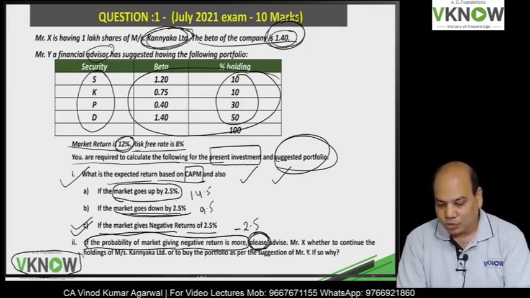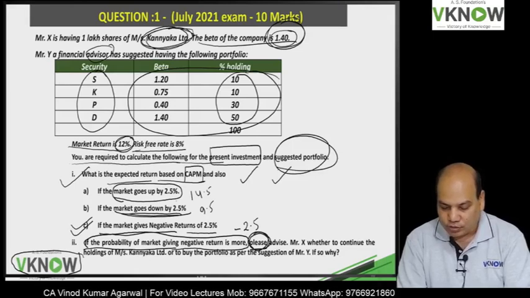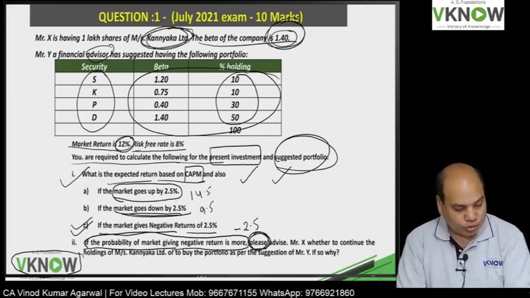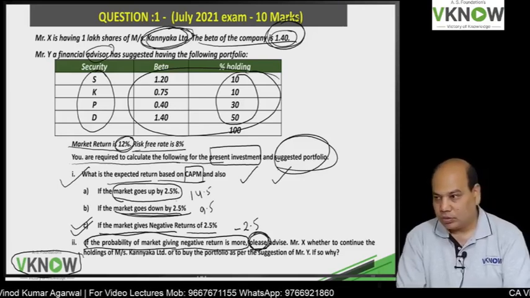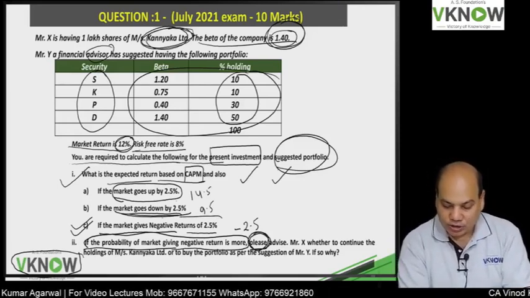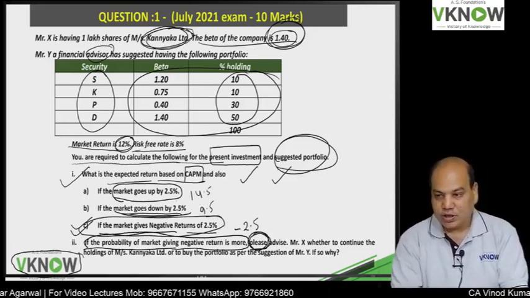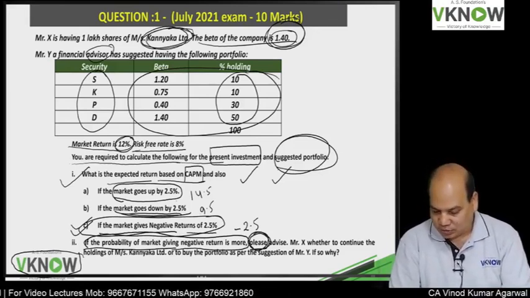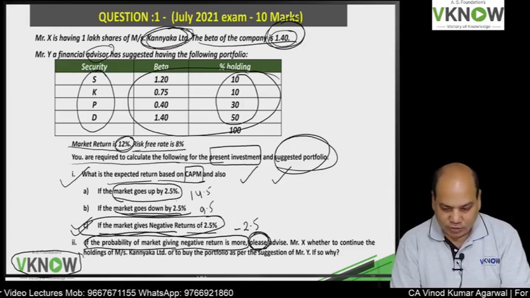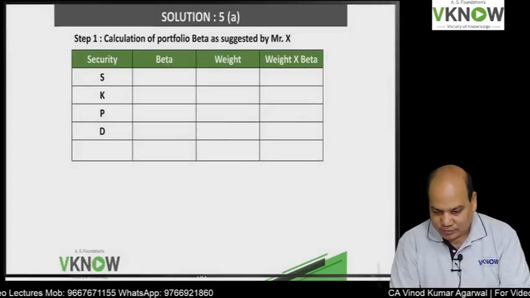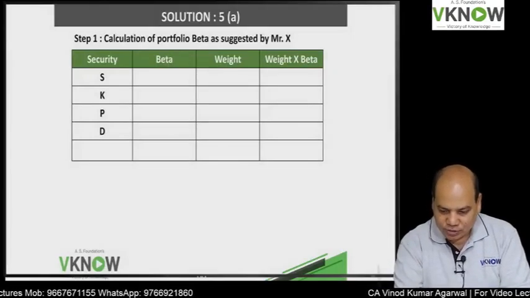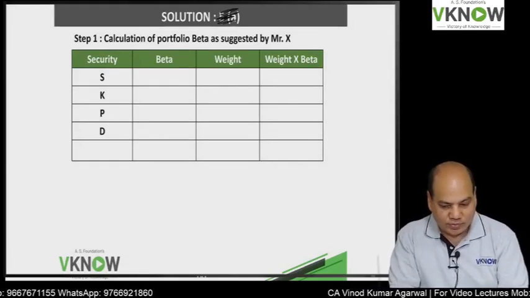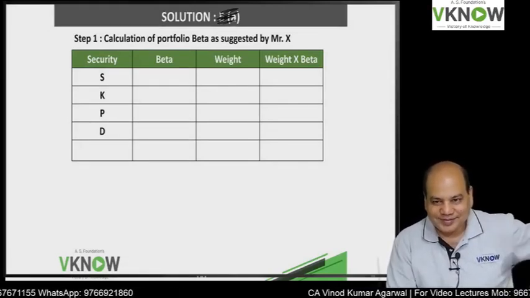Kanakya Limited or to buy the portfolio as per the suggestion of Mr. Y. If so, then why? So you have to answer after computing, and we will see where the expected return is more. Is it right? Accordingly we can suggest. So a very easy question for 10 marks. I can't believe that they are asking such a question for 10 marks. I wish I had appeared in this exam. I would have got a rank.